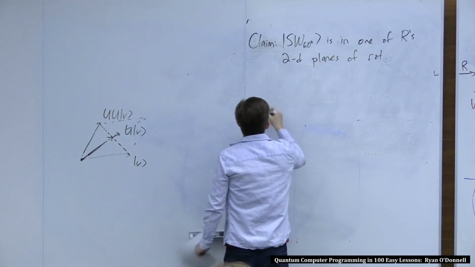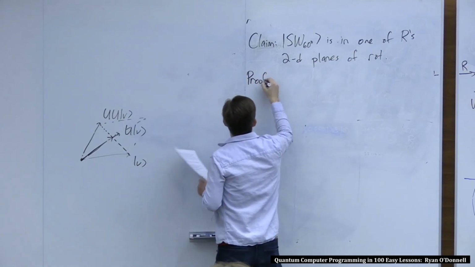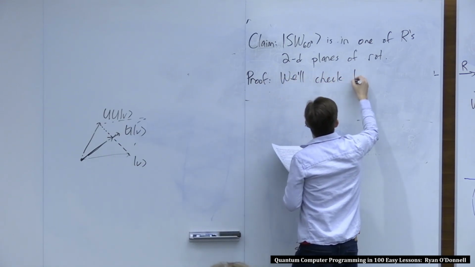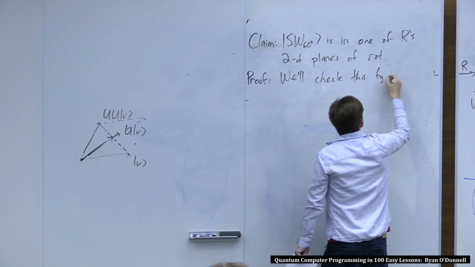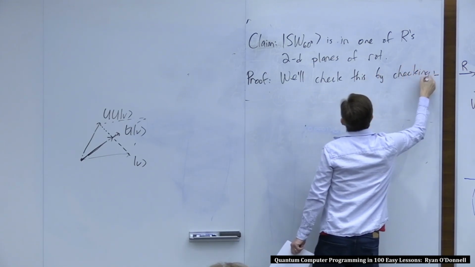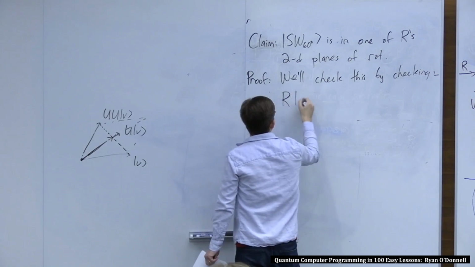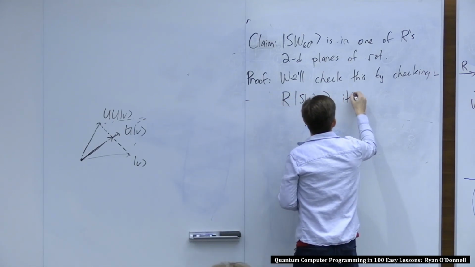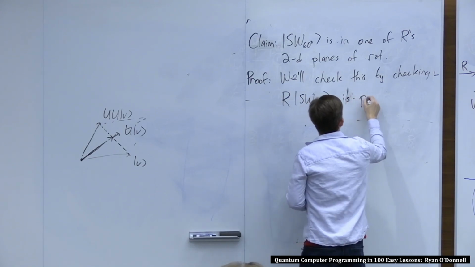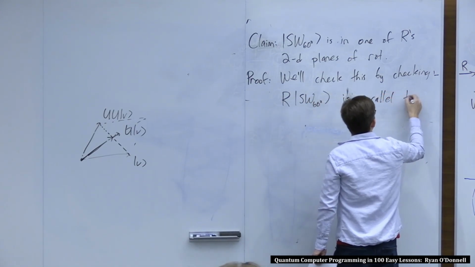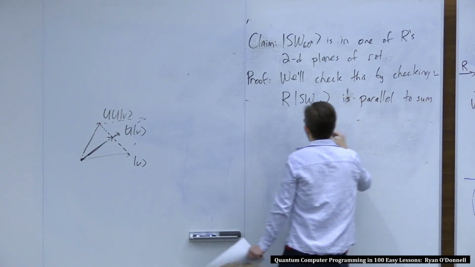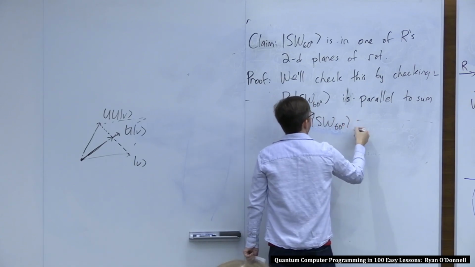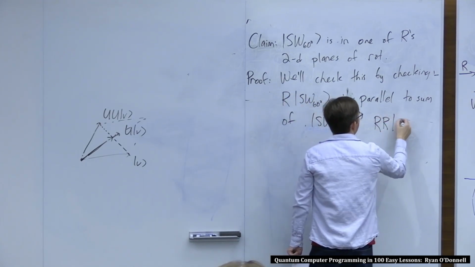And the way we're going to check this is by checking that if you do R to the steering wheel state once, it's parallel to the sum or the average of the basic steering wheel state and the state with R applied twice.